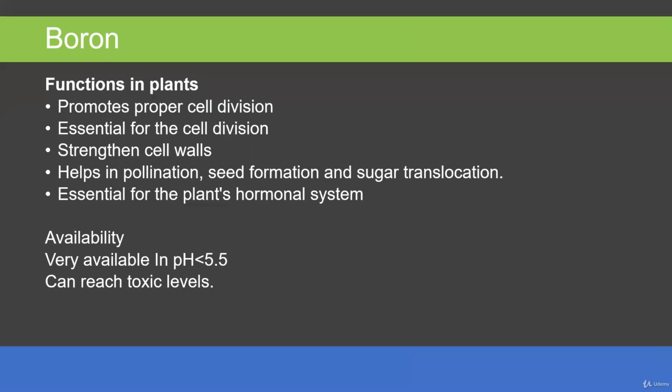So the range between deficiency and toxicity in the case of boron is very narrow, and this is a bit tricky, okay, because addition of a small amount of boron might result in toxicity, while deficiency might also become a problem if the level is too low.